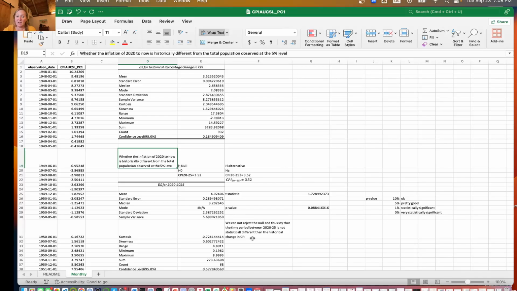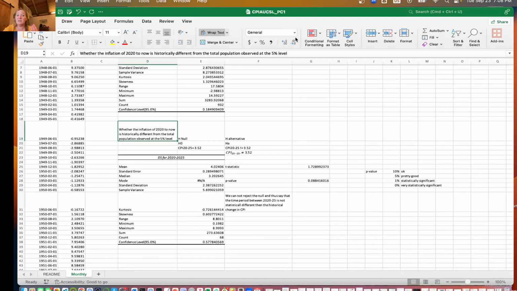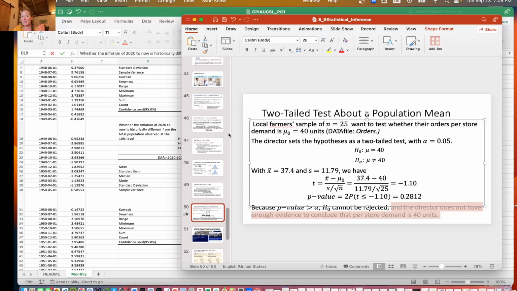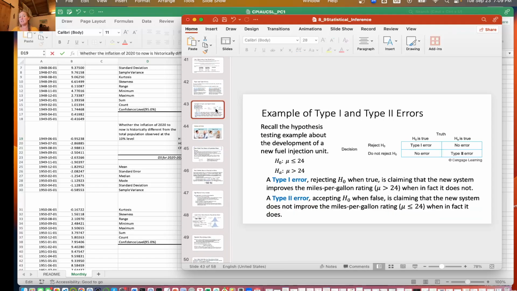If instead of 5%, we said 10%, we could say that inflation is statistically different than the null at the 10% level for the last 68 months than the historical average. That's what you could say if you were to change that statistical significance level, which is kind of important when you're thinking about how willing you are to take the risk of making a type 1 or type 2 error in your analysis.